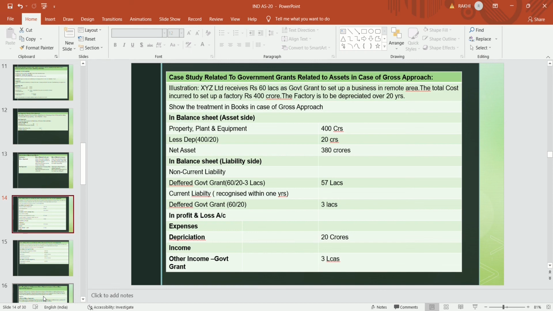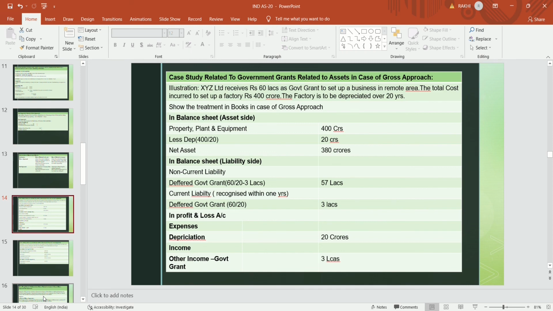So 57 is the non-current liability. In profit and loss, the depreciation expense is 20 crores, and the income is other income, government grant, that is 3 lakhs.